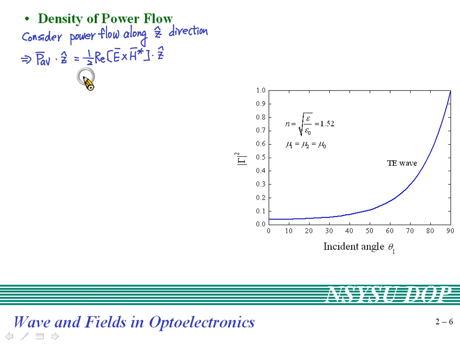The power flow along the z direction can then be expressed in this way. And for the TE wave, consider the direction of E cross H conjugate. We just want the z component.